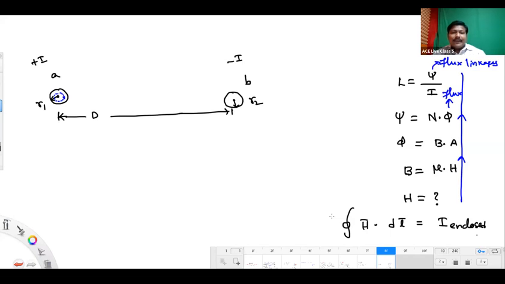Definitely it will be less than I. Yes or no? Next thing, I am taking up one more circle here like this, and I want to calculate the H value on this circle. How much current is enclosed inside the circle?